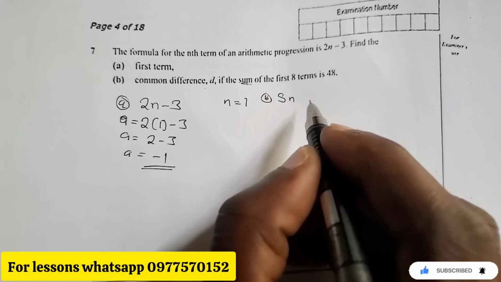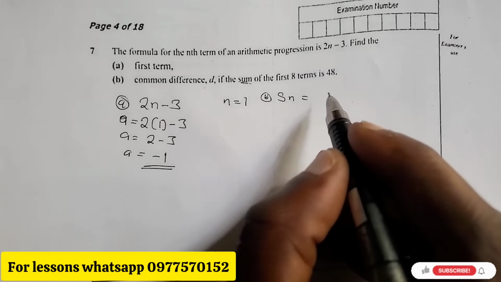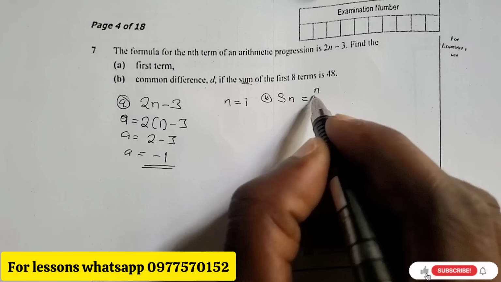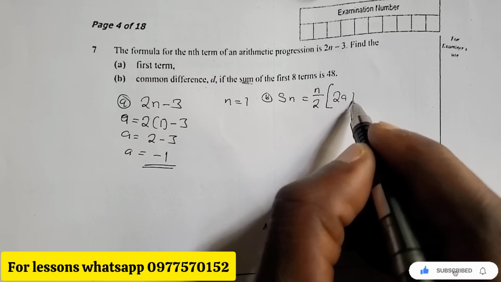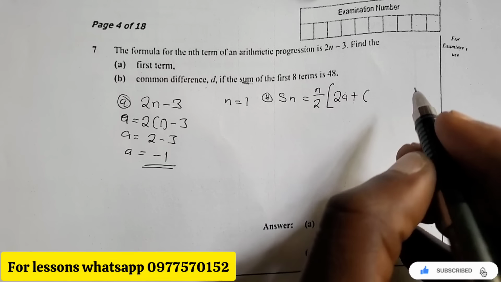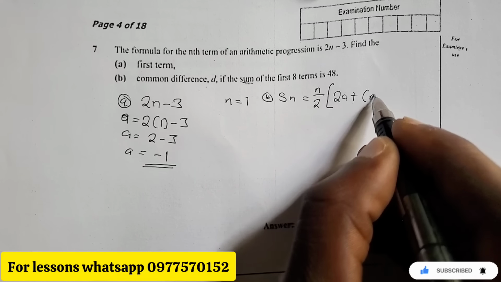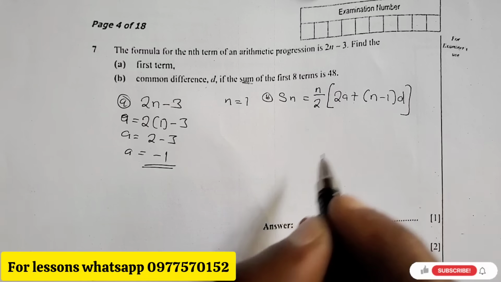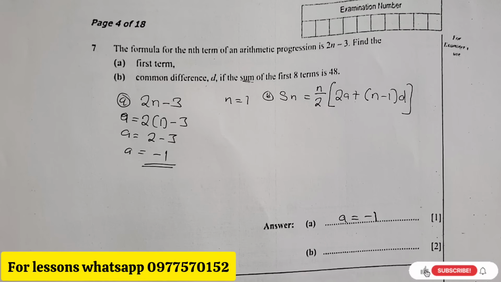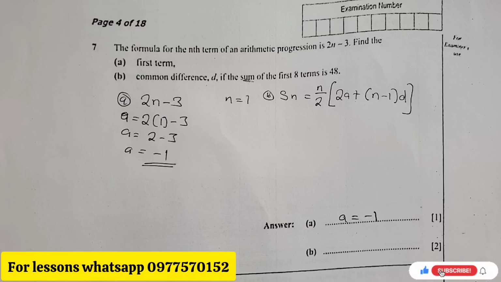Sn is equal to n over 2, open bracket, 2a plus, open parenthesis, n minus 1, close bracket, d, then close bracket there. That is the formula for finding the sum of an arithmetic progression.